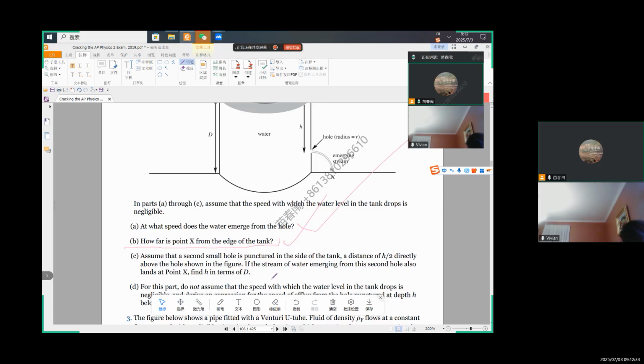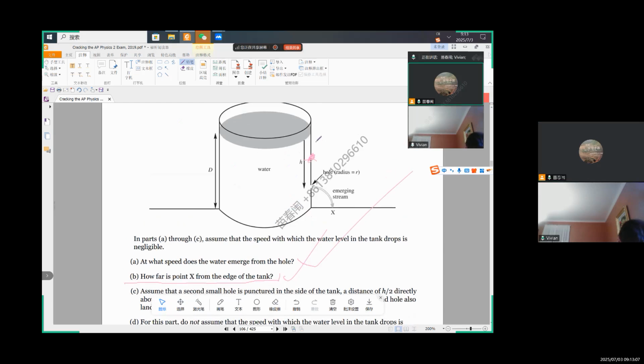Assume that a second small hole is punched in the side of the tank, at a distance h over 1 directly above the hole shown in the figure. So this is the second point, right?